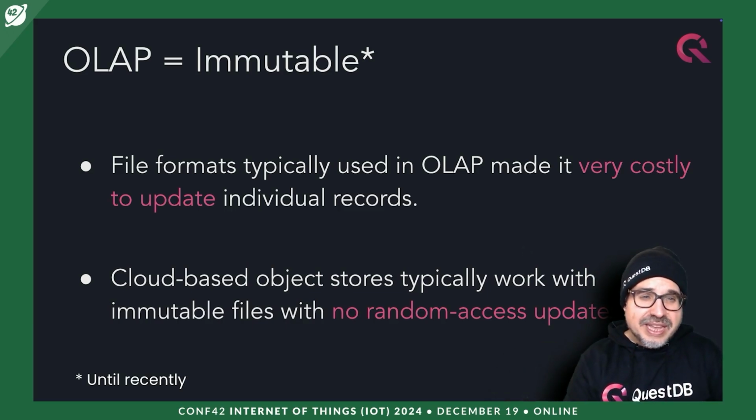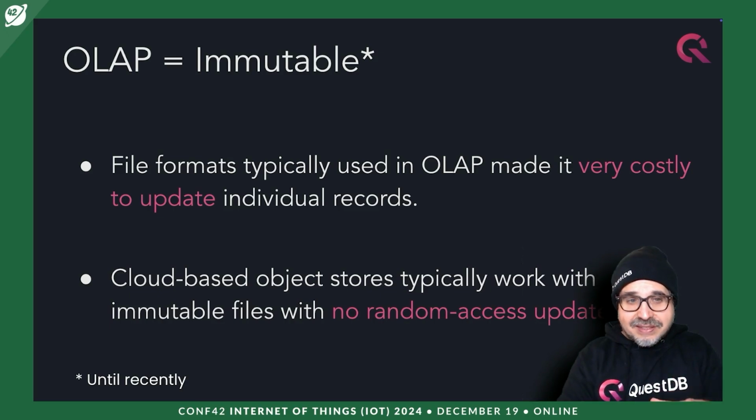And having immutable data was not ideal. This has changed now, and I will talk about that later. But at the time, analytical databases were not really designed for real-time and were not really designed for immutable data.